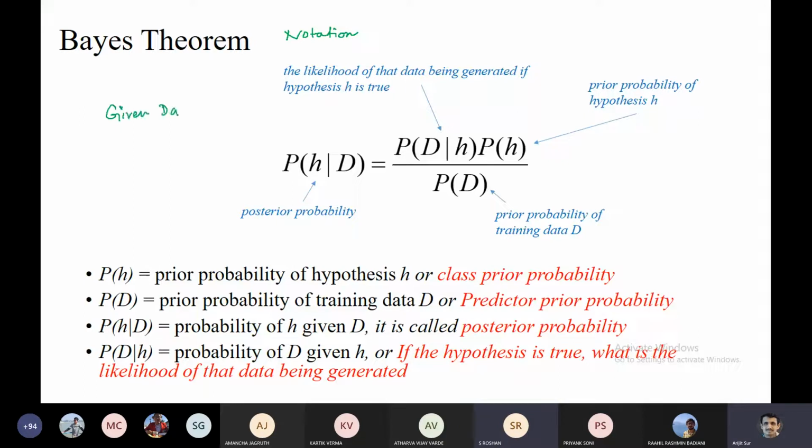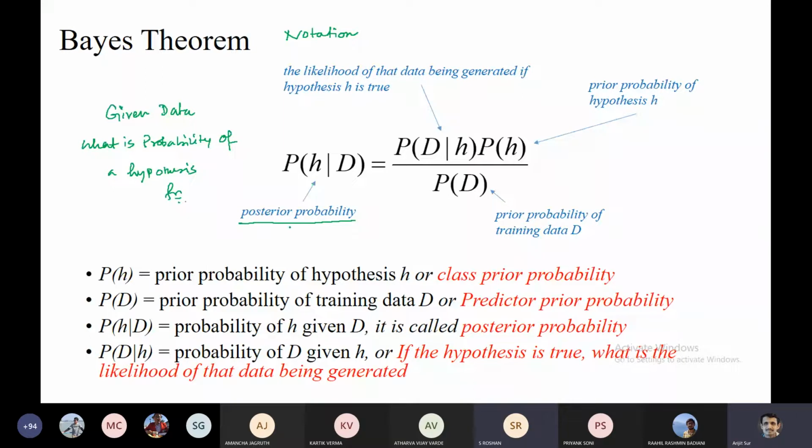Please see that given data is actually our problem: given some data samples, what is the probability of a hypothesis function? This particular thing is called the posterior probability. Please remember this. This is called posterior probability.